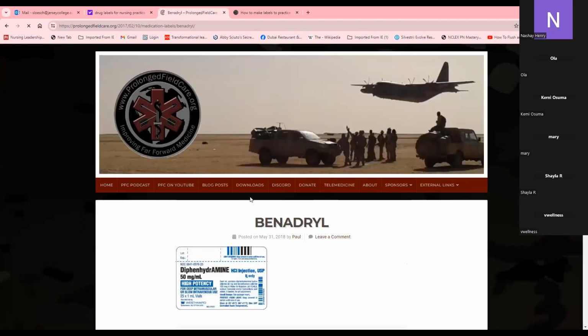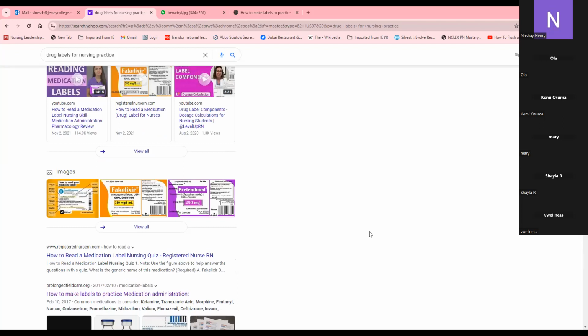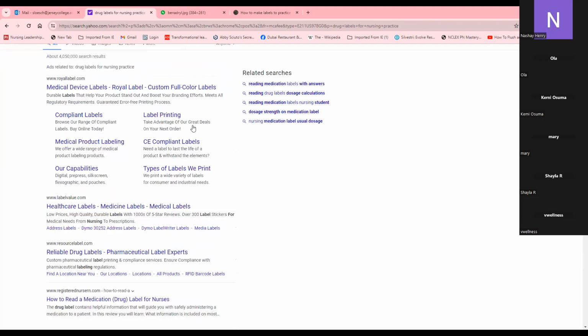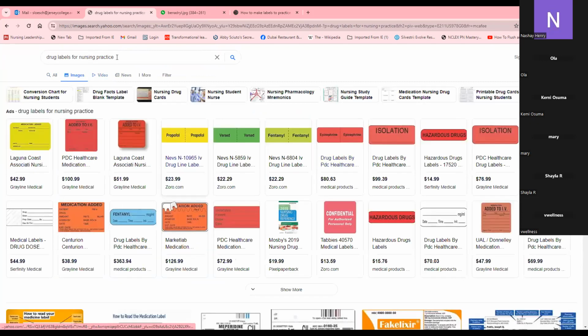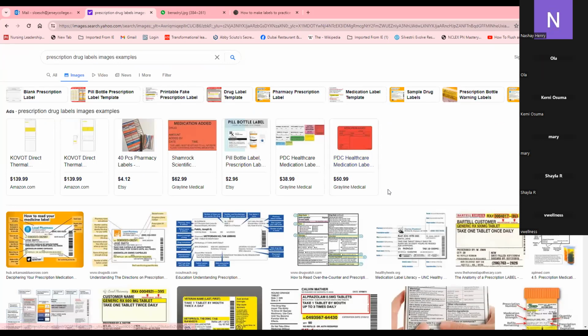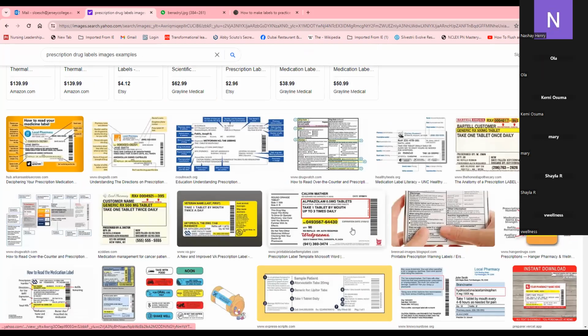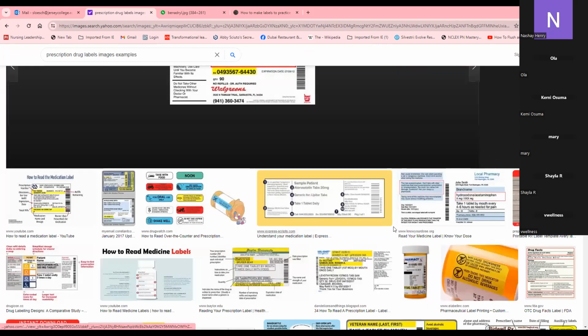Let me see if I can find some better labels because these ones don't have both on it. I would like to have something that has both. That's from a pharmacy, so that's why it doesn't have it.